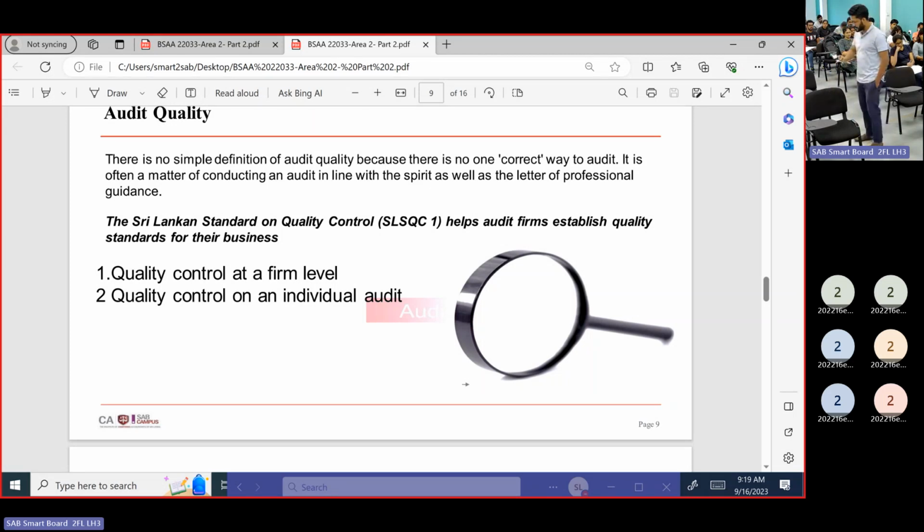Engagement level quality. Basically, engagement level quality should be maintained by the audit manager. The first one is independence.